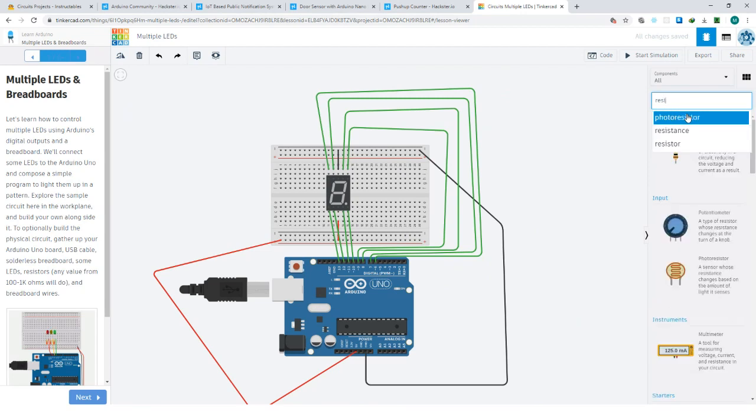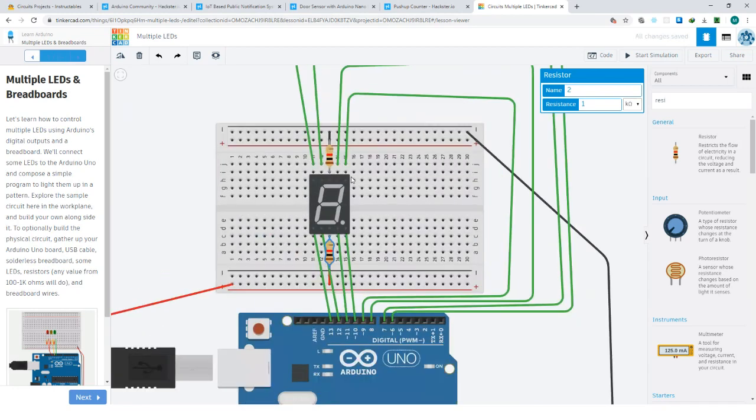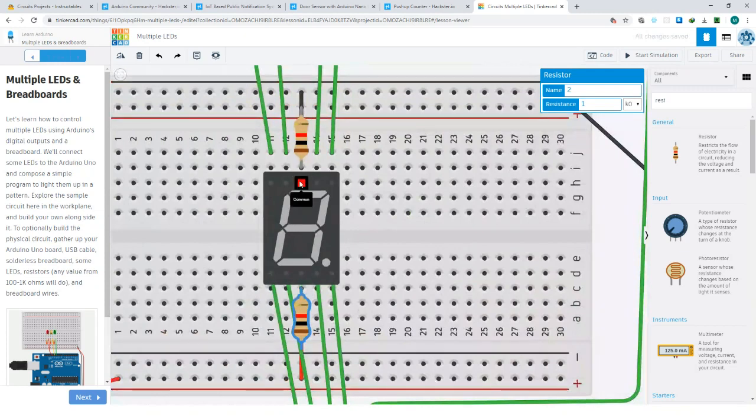Without the resistor, it is not recommended like this. So we need two. One we'll put here to connect that part, and the other we connect to this other part. Remember the common parts, the common terminals.